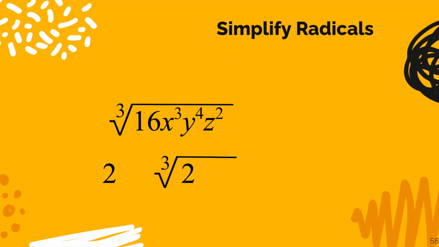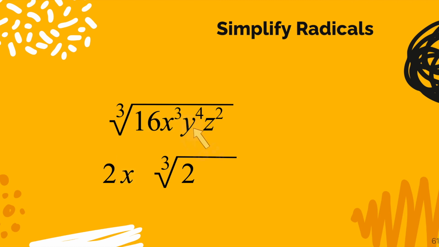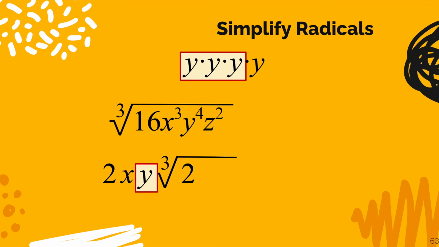Let's focus on the x's now. I see 3 factors of x under that radical, so we can bring 1 out, leaving none under the radical. In terms of the y to the 4th, I see a group of 3, so once again the y makes its way out, but we do have a lone straggler that stays under the radical.